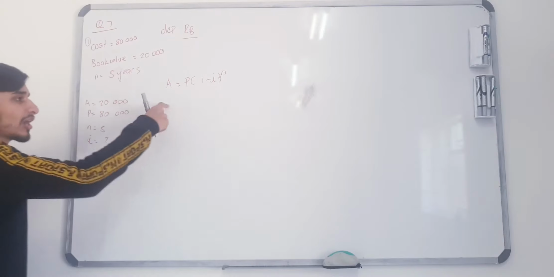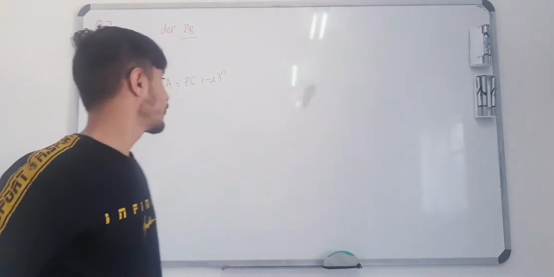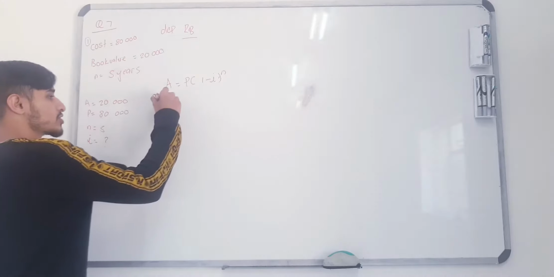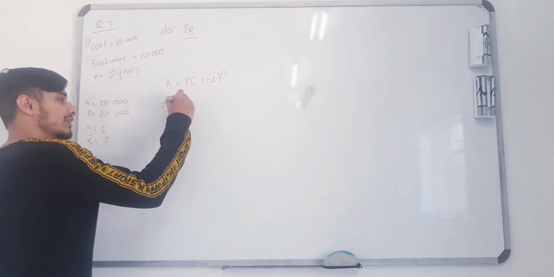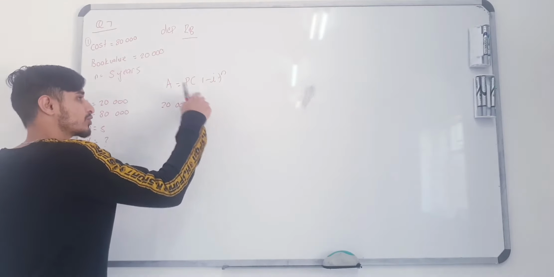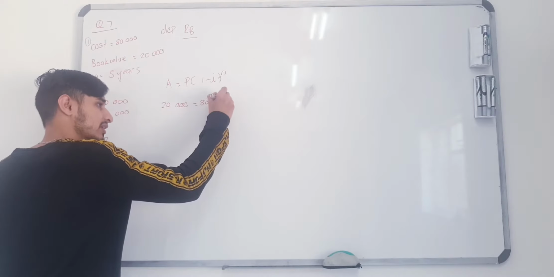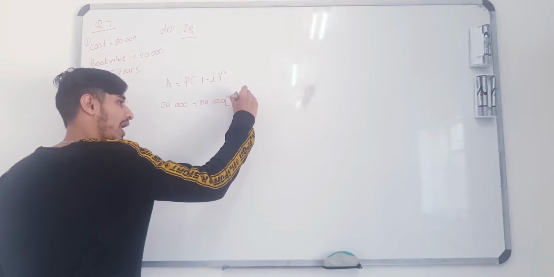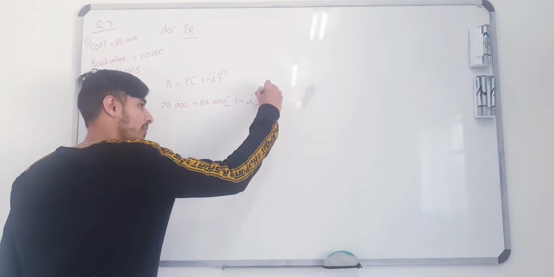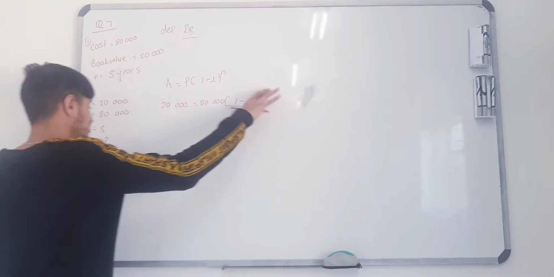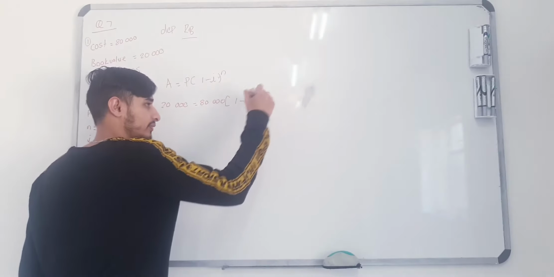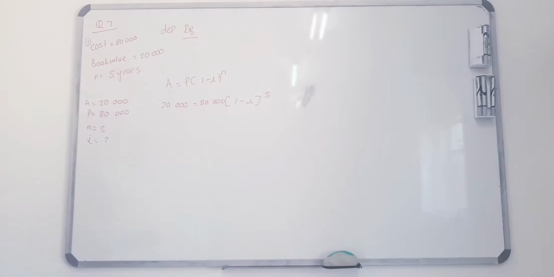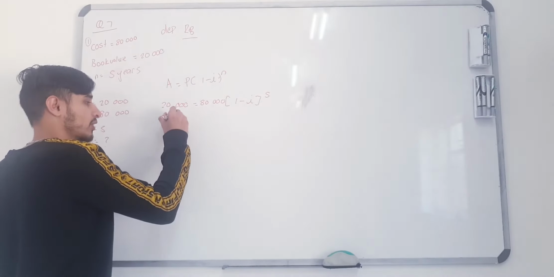Now, all you basically do is plug this into your formula and then solve for the answer. So you're going to get A to be 20,000 is equal to your P, which is 80,000, into 1 minus I to the power of N. And what's N, youngsters? N is 5 years. So how do you go ahead and solve for this? You first divide by 80,000 on both sides.